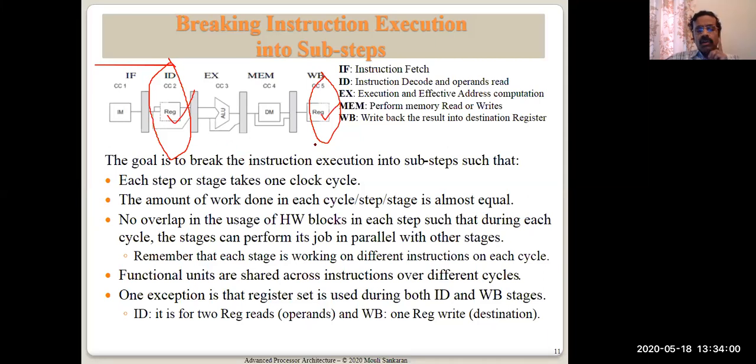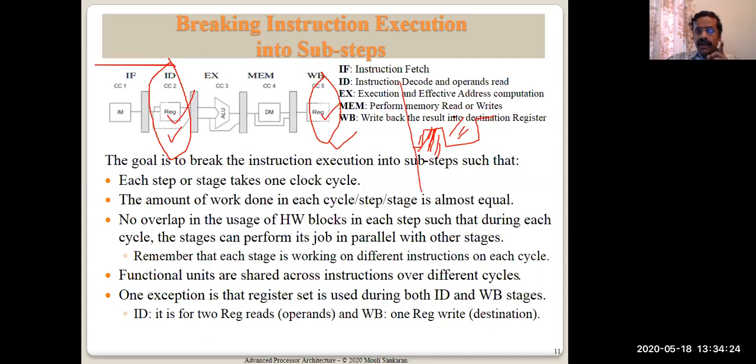How are we resolving it? One is for the read purpose and another is for the write purpose. If I can do one operation during one half of the cycle and another operation during the other half of the cycle, I am not doing the same job at the same time.